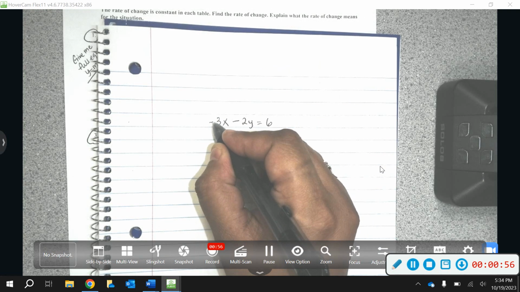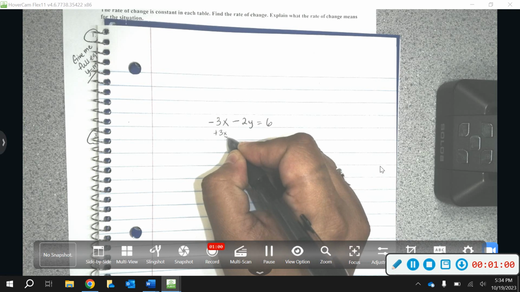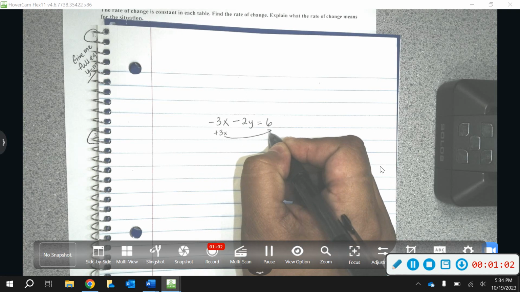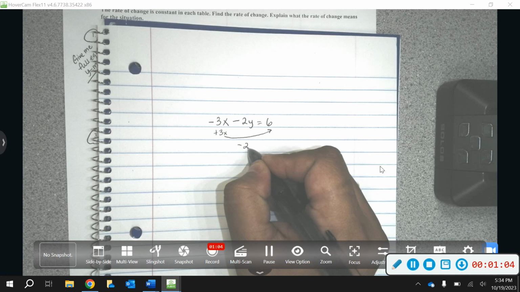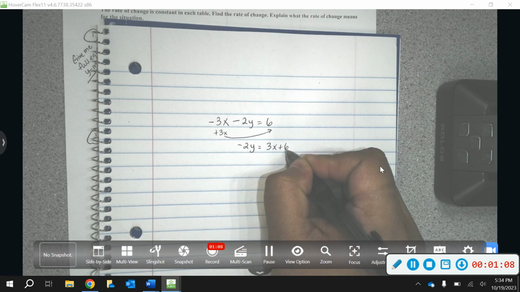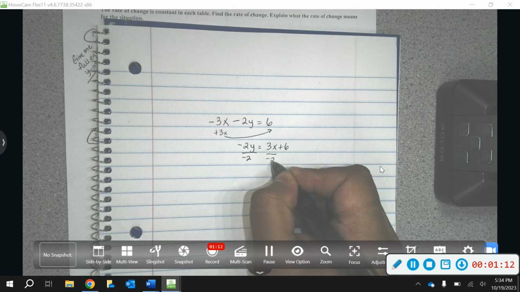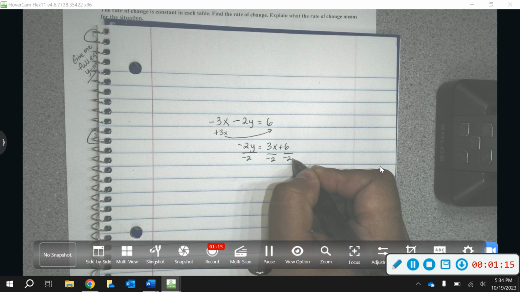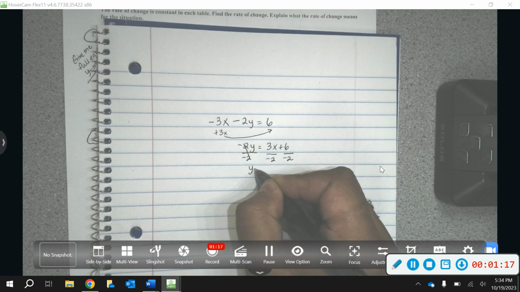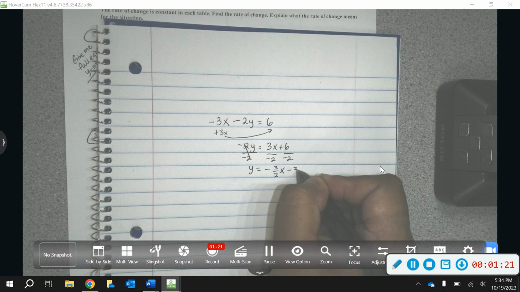So if this was a negative 3x, then what I would do is add 3x and move it to the other side of the equal sign. I get negative 2y equal to 3x plus 6, divide by negative 2, divide by negative 2, divide by negative 2, and y is equal to negative 3/2 x minus 3.